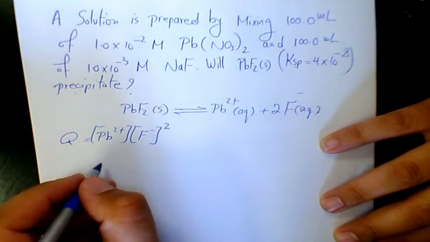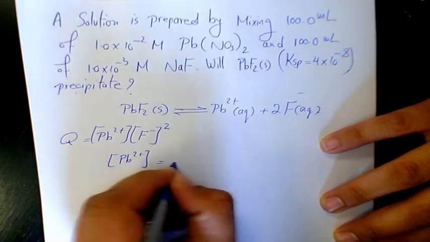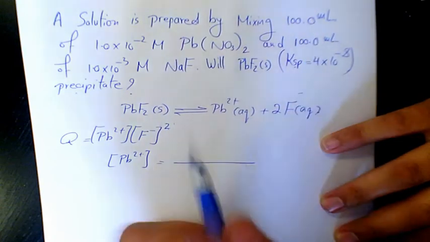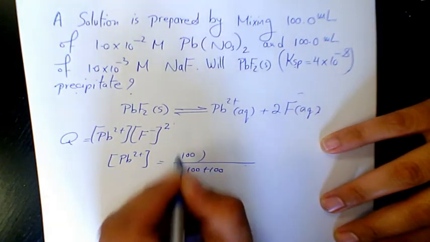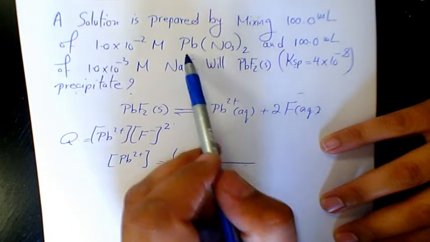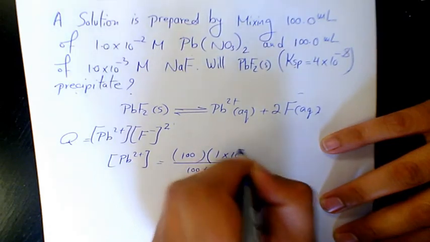So what we need to do is find out the concentration of each. The concentration of Pb is 100 mixed with the other 100, so 100 divided by 100 plus 100, times the concentration of lead nitrate. Pb(NO3)2 is lead nitrate, which is 1 times 10 to the power of negative 2.